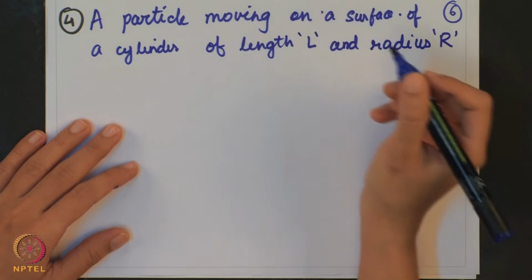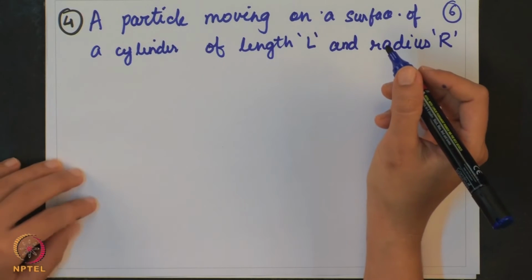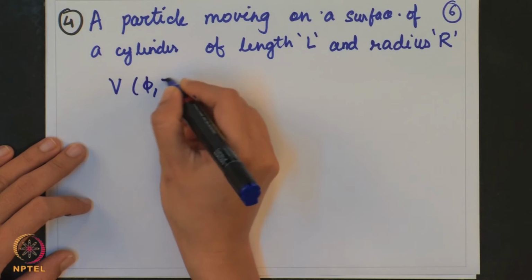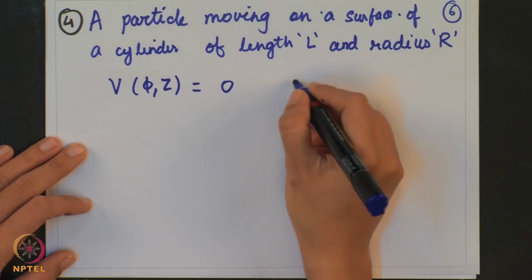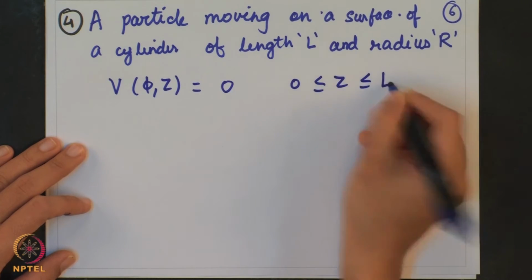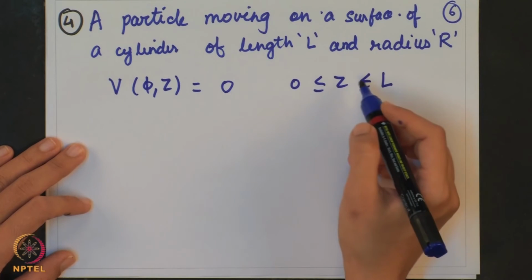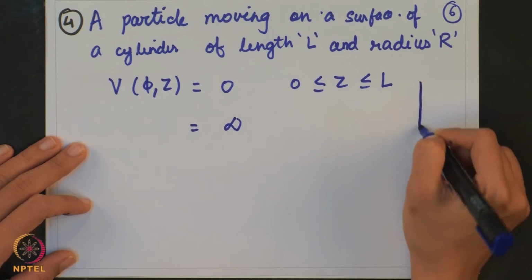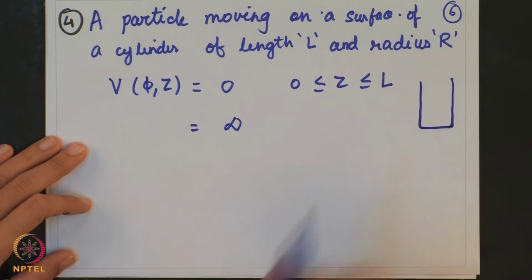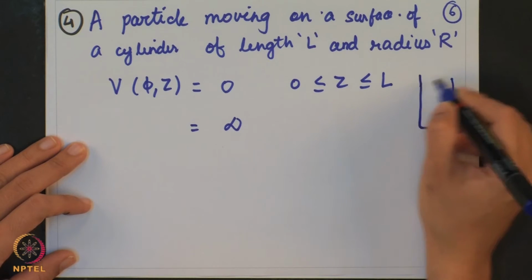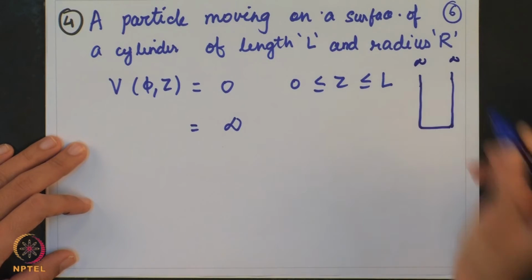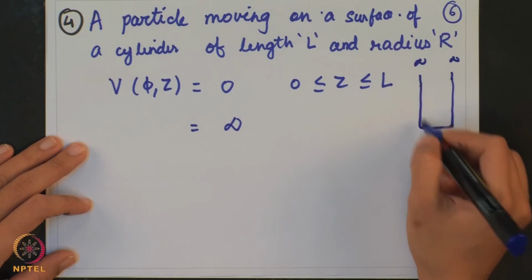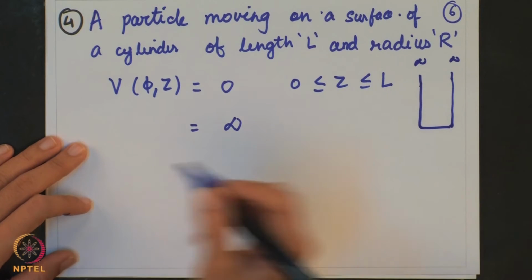So, we are given this potential well problem wherein V of phi comma z is 0 for 0 less than z less than L. Inside the potential well, the potential is 0 and it is infinity elsewhere. At these points V is infinity, and this is the radius, this is the length of the cylinder.